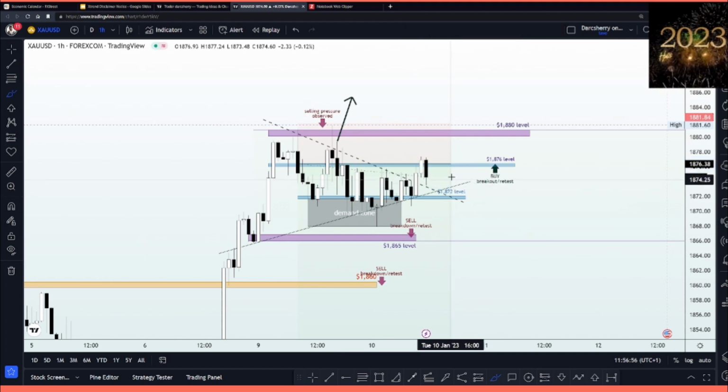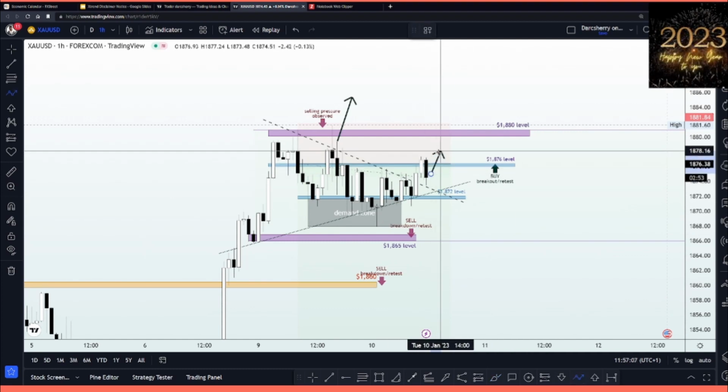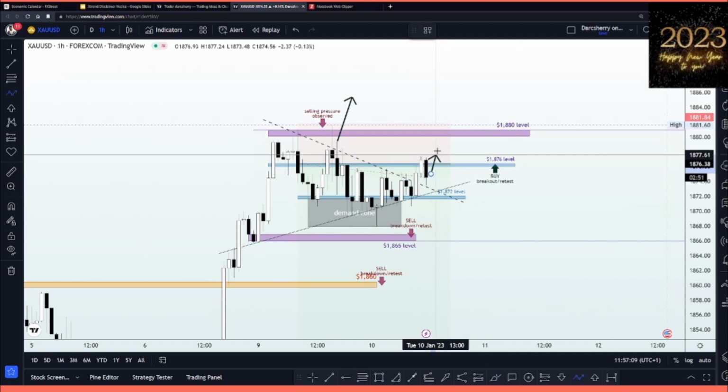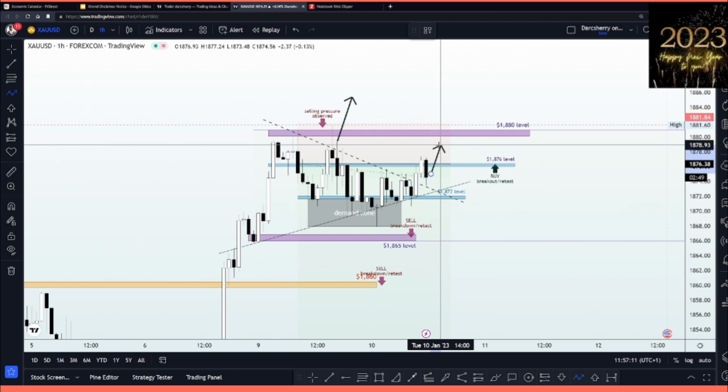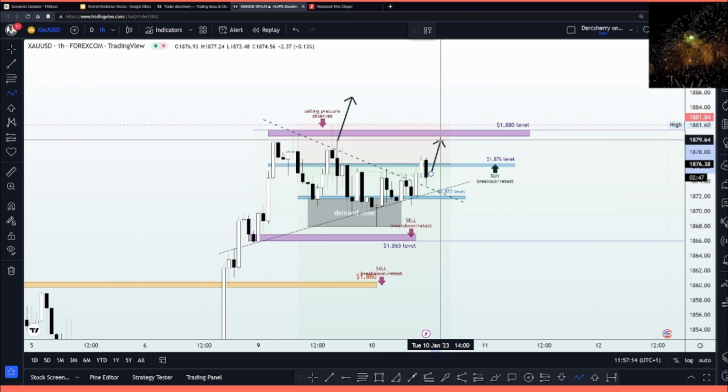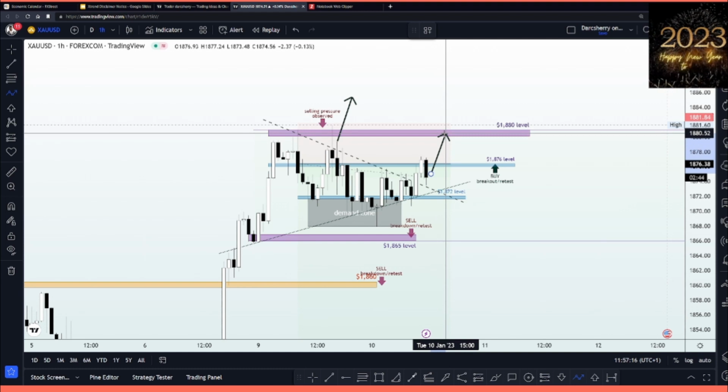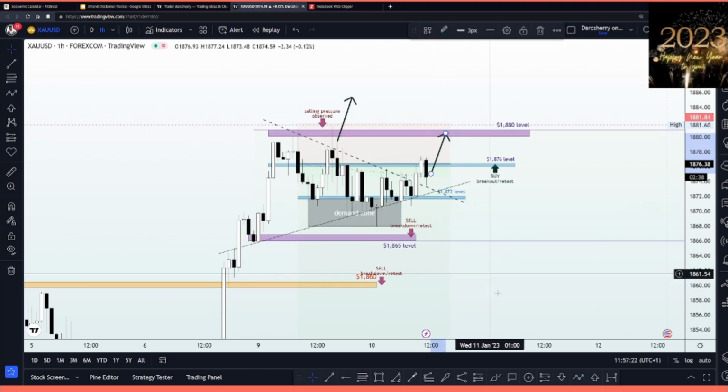Now there is one thing I would like to state here: when we buy the XAU USD above the 1,876, we want to be moving our stop loss accordingly if price continues to move to the upside. We lock in some profit, and if it gets into the 1,880, we move our stop loss to break even, and wait to see how price action will react to the $1,880 level.